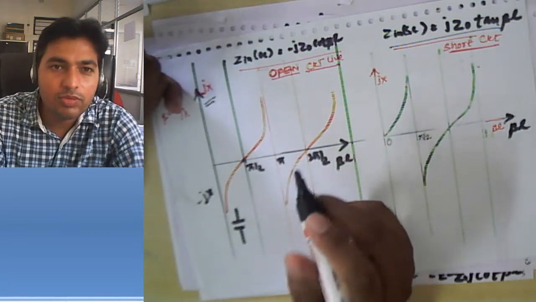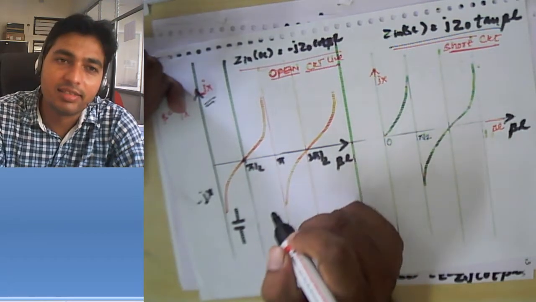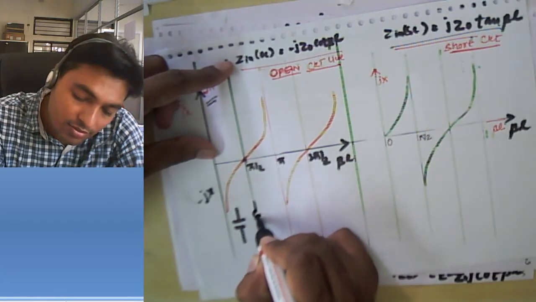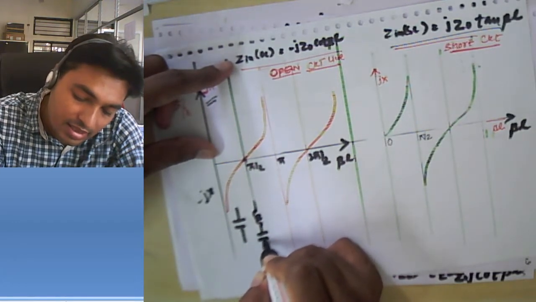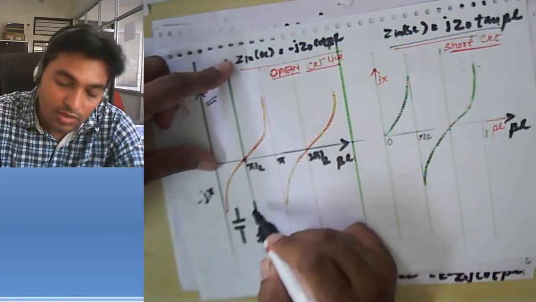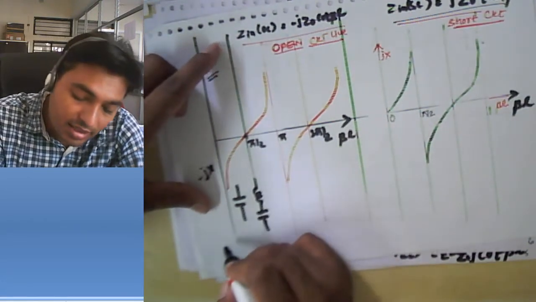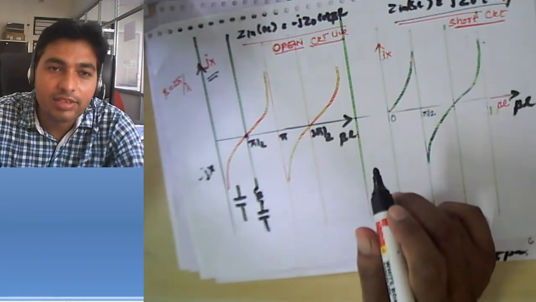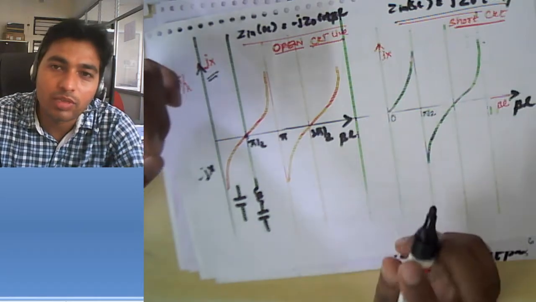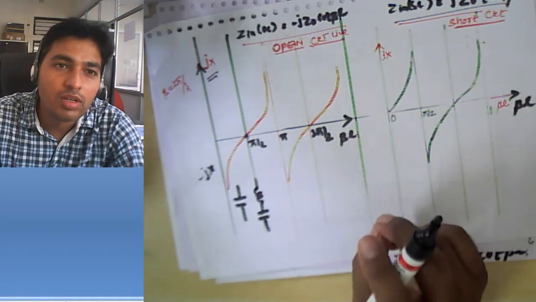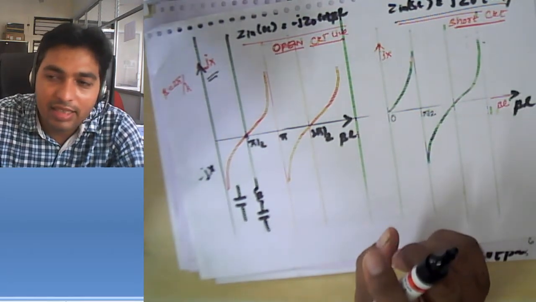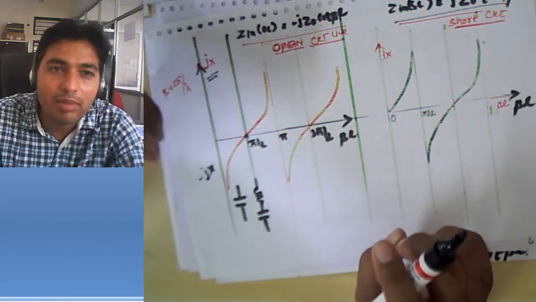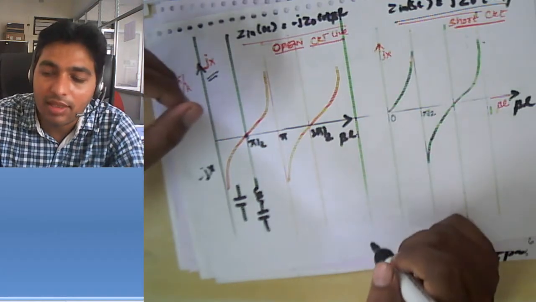This will be equal to a series RLC circuit. In a series circuit, when ZL is equal to ZC as we go on increasing the frequency, at that time we have only a pure resistance, a minimum impedance of the line.